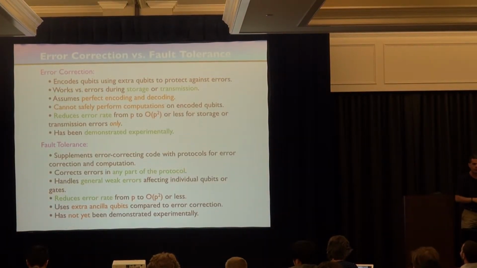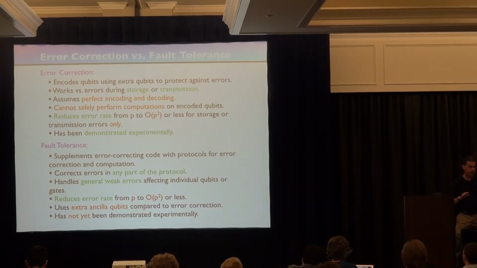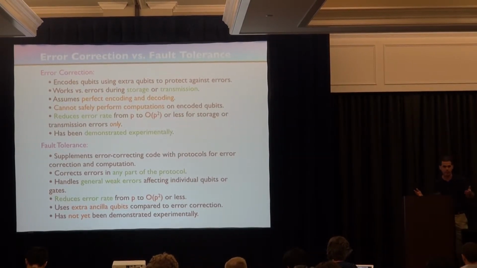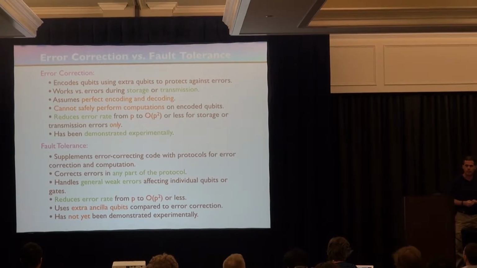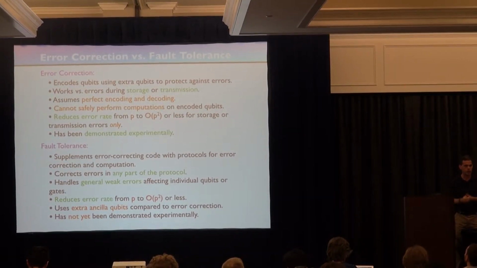Let me start by making the distinction between error correction and fault tolerance. Error correction, the overarching theme of the conference, is when you have some number of qubits that are encoded using extra qubits in a quantum error correcting code.